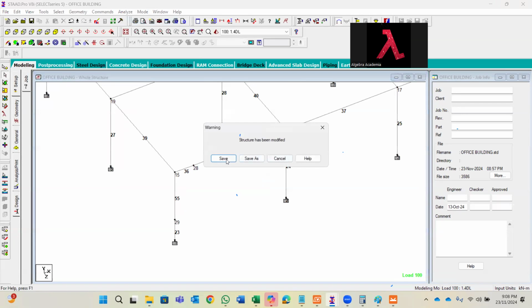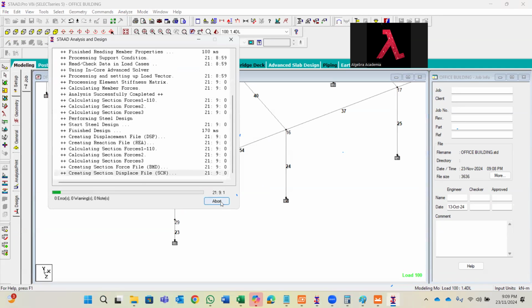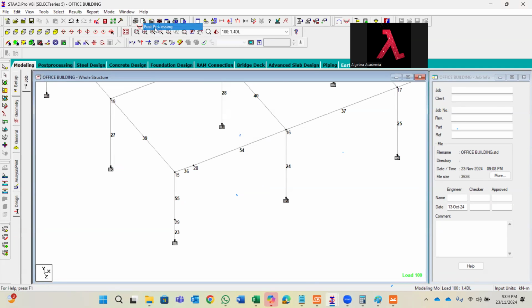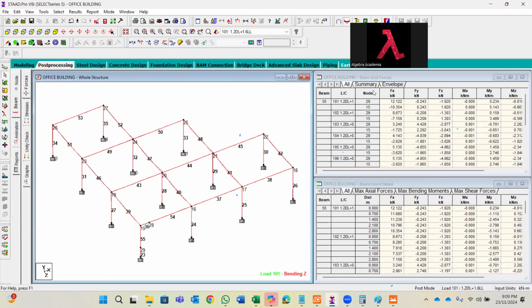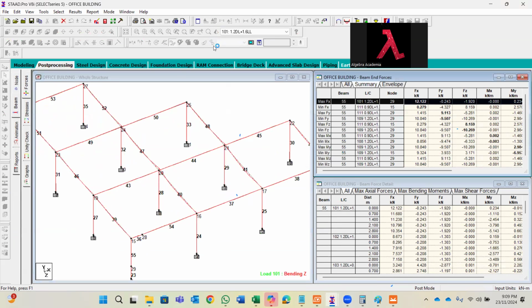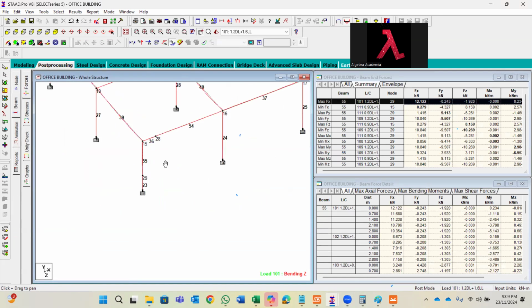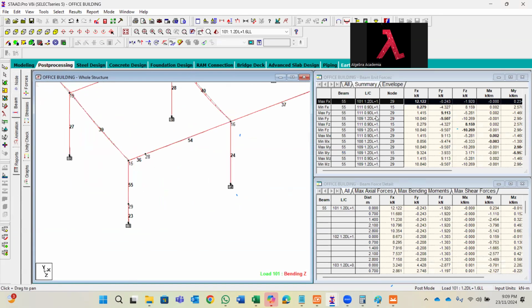Yeah, analyze. Mode, post processing, beam, forces, summary. Yeah, 55 and 29, right?